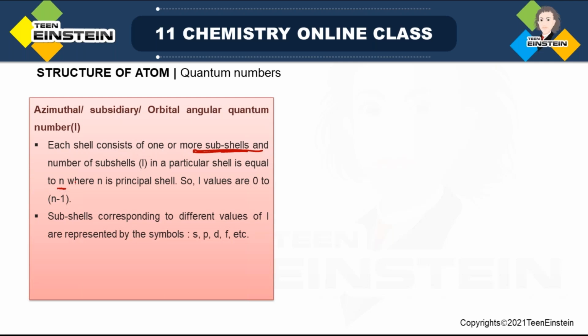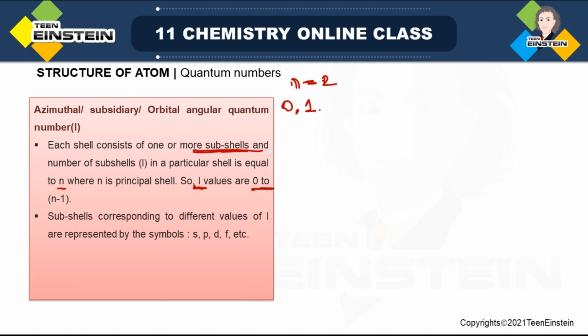Now n is the principal shell, that we have already seen, and l, once you know the value of the small n, you can also understand what will be the value of small l, because it varies from 0 to n minus 1. Now 0 to n minus 1 means, suppose n is 2. Now how many l values are possible?